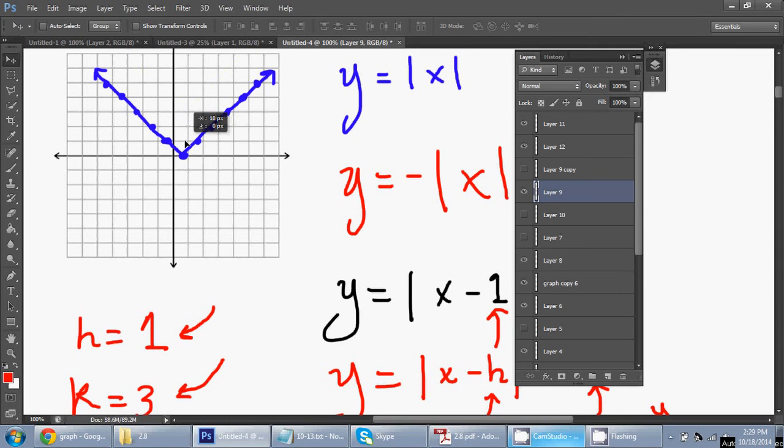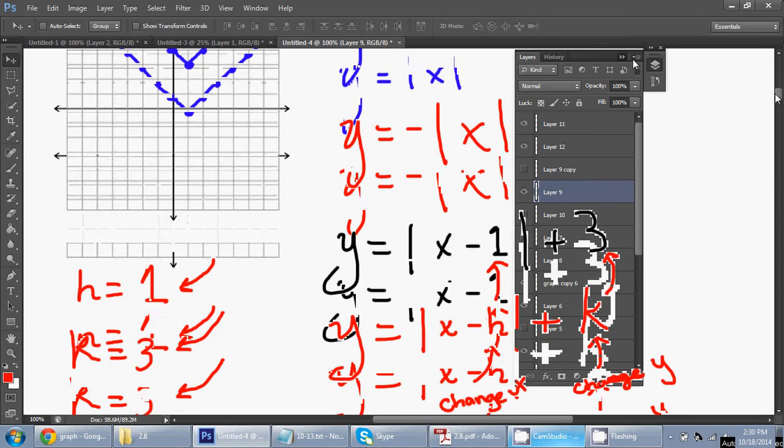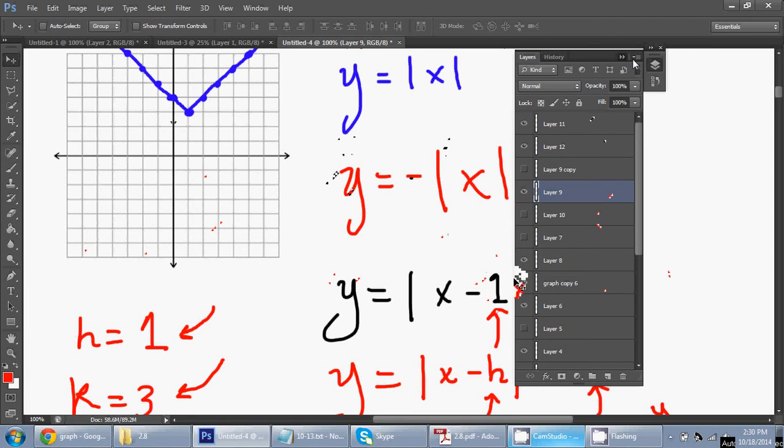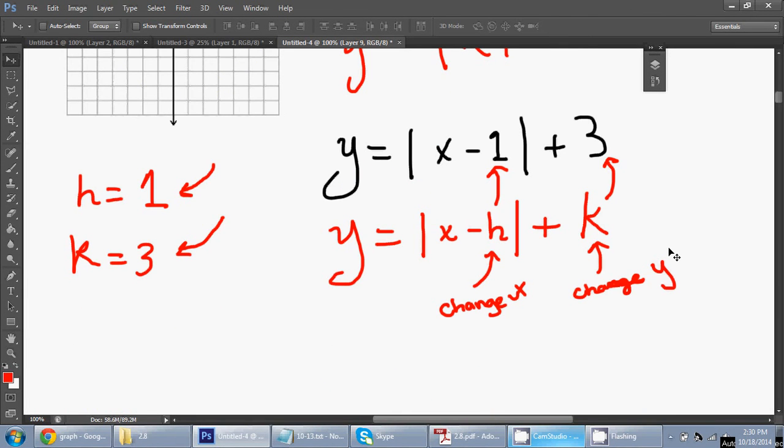The new graph, the graph of this equation, now looks like this. The center has been moved up 3 and 1 to the right. That's what they mean in this formula by h is the change in x, k is the change in y. It's important to notice that the formula says x minus h plus k, so you have to make sure you have the right sign.